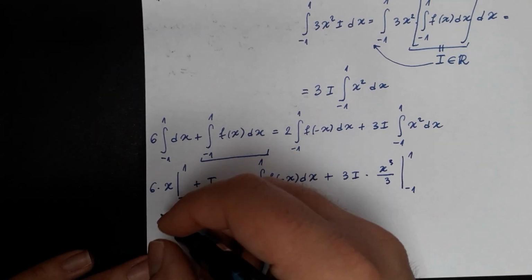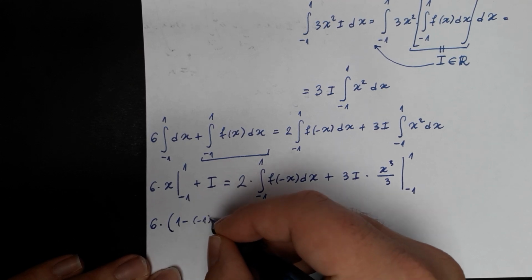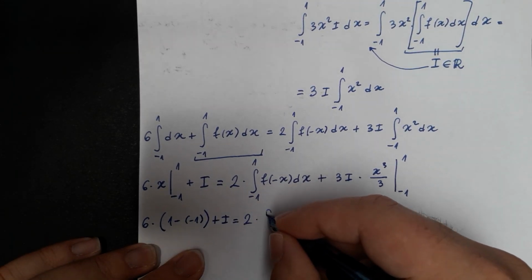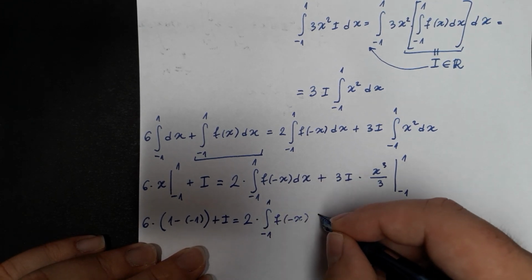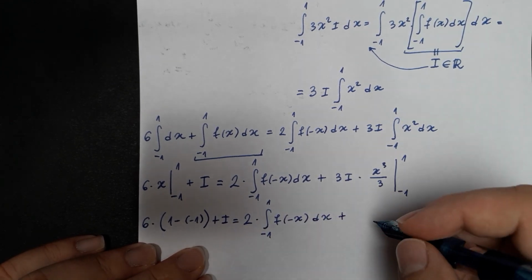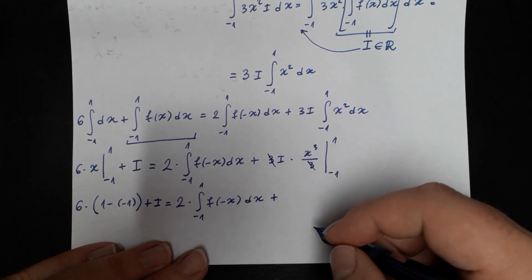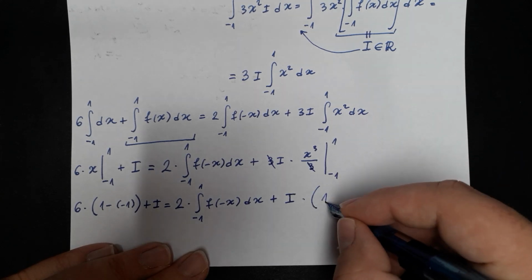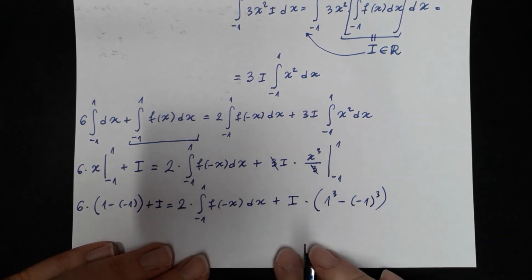So when we calculate this, it becomes 6 times (1 minus -1) plus I is equal to 2 times the integral from -1 to 1 of f(-x) dx plus, well, 3 and 3 are going to cancel out. I is a constant, and x cubed is 1 to the power 3 minus (-1) to the power 3.